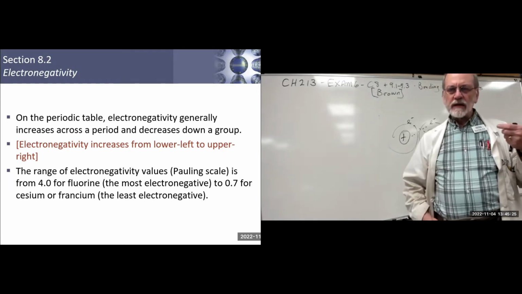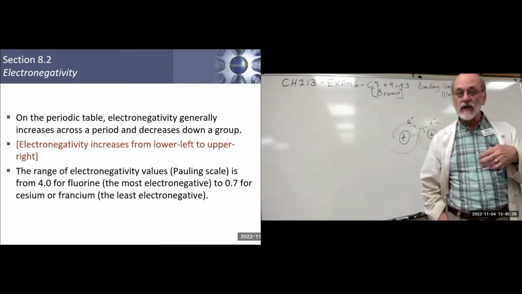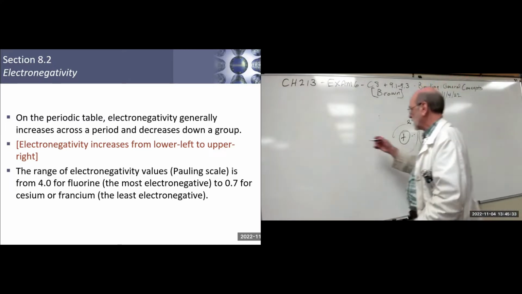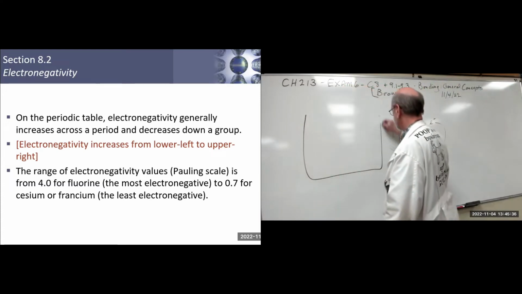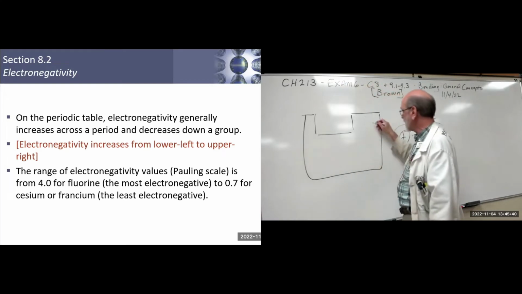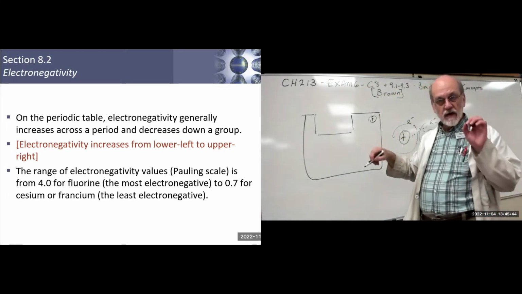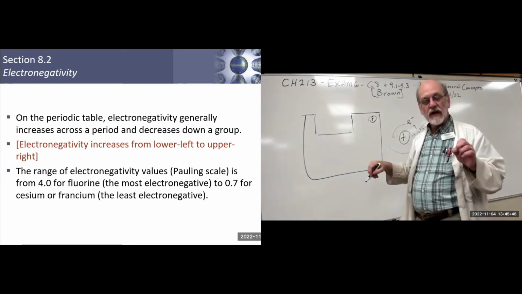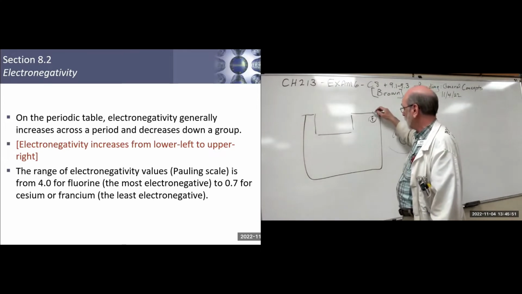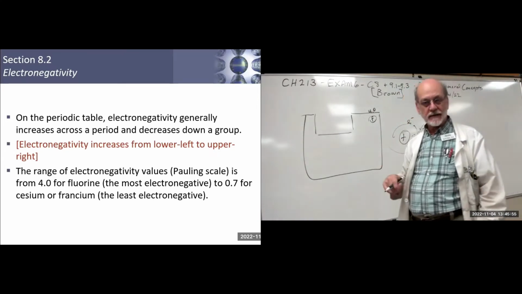When Pauling added his electronegativity scale to the periodic table, we find that fluorine up here in the left-hand corner is the highest number, and the larger the number, the more electronegative. So fluorine gets 4.0. Can't get any higher than that.